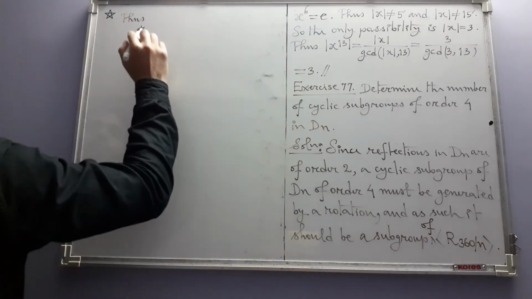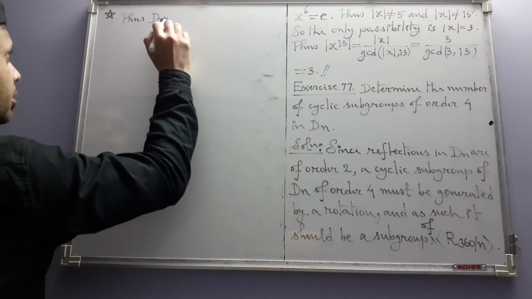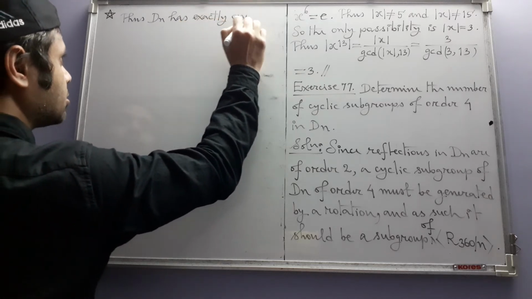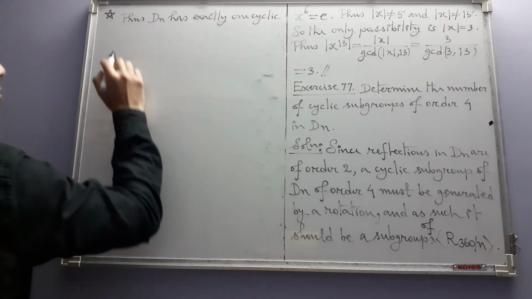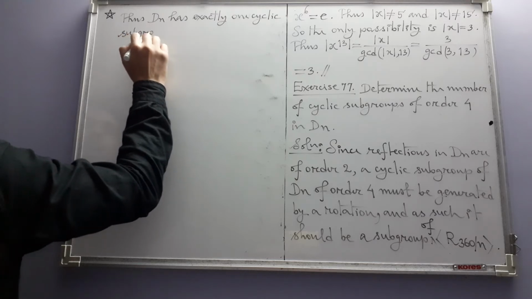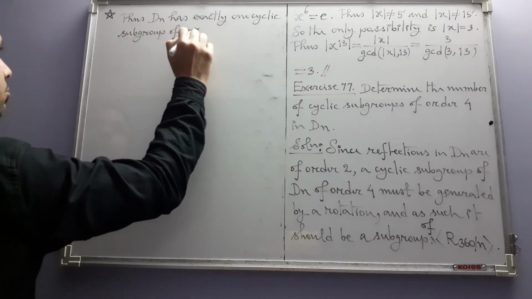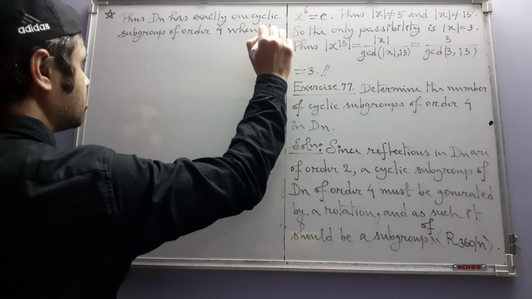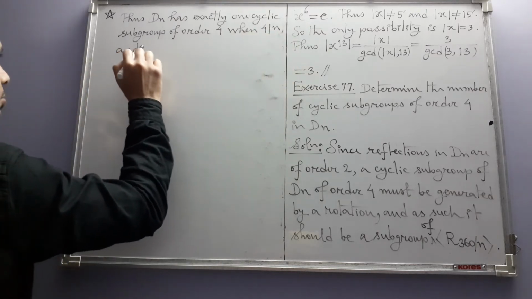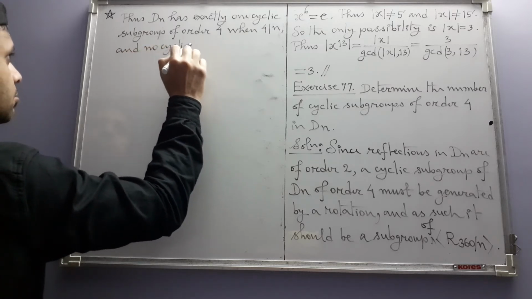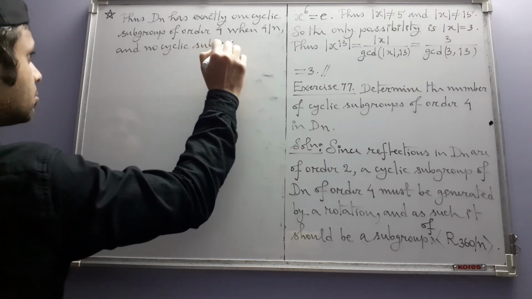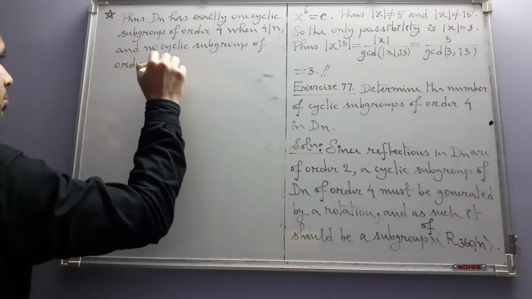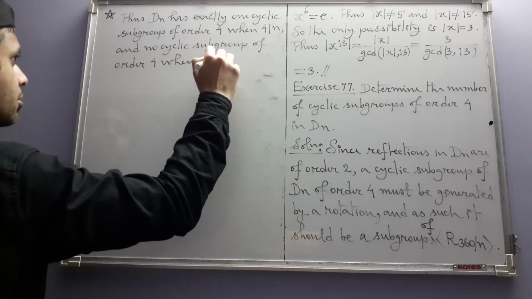So that's why Dn has exactly one cyclic subgroup of order 4 when 4 divides n and no cyclic subgroup of order 4 when 4 does not divide n.